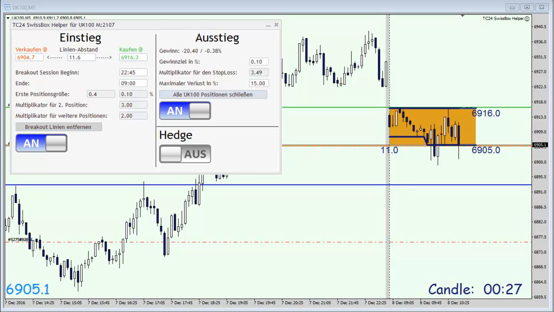Please keep in mind that we entered the market with a position size of 0.4 mini lots here on the MetaTrader. The second trade was tripled, 1.2, and that volume has just been doubled to 2.4.